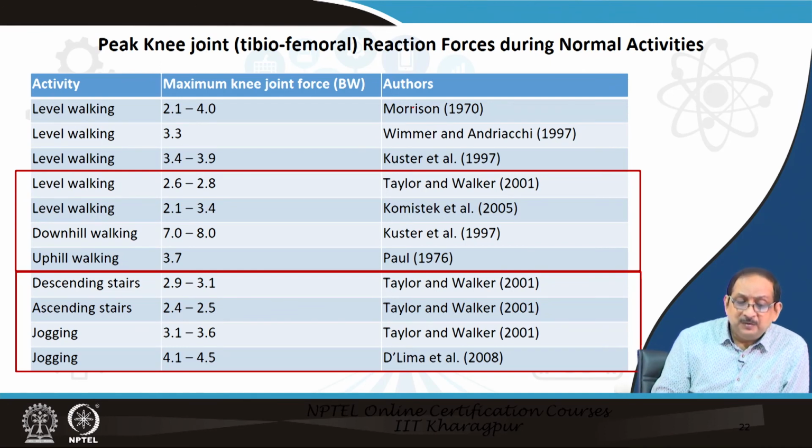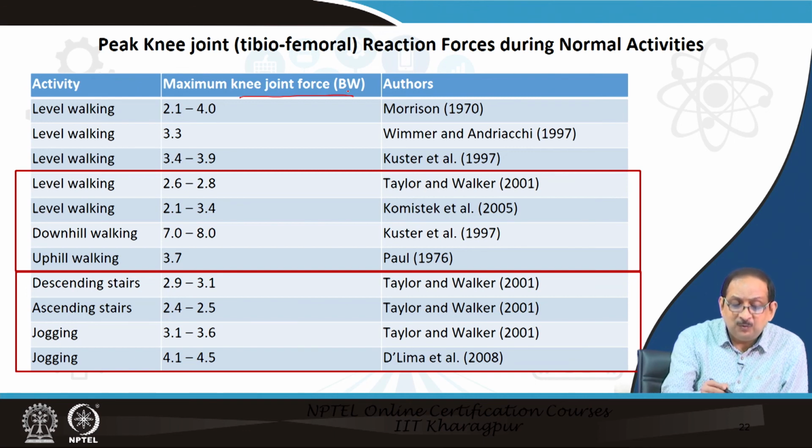Now, in this table, the peak tibiofemoral joint reaction force during different activities has been listed, wherein we can get the maximum knee joint reaction force. It can be observed that the range of peak values of knee joint reaction force varies considerably with the activity.